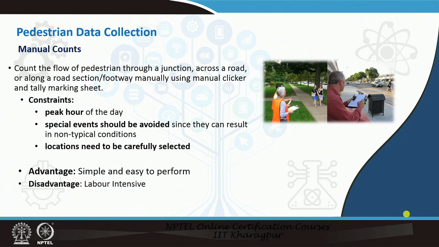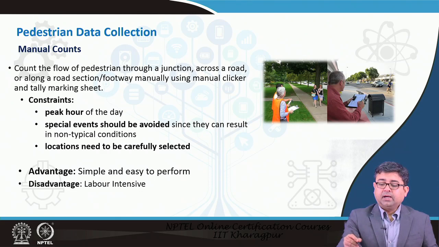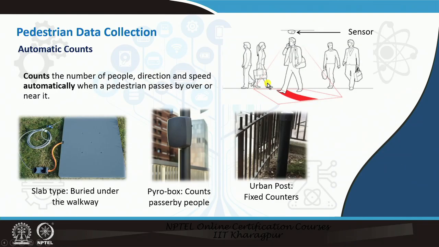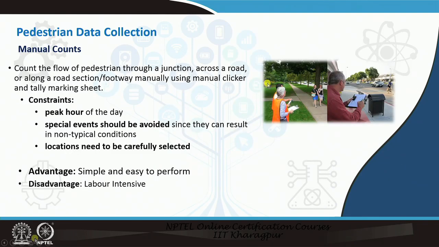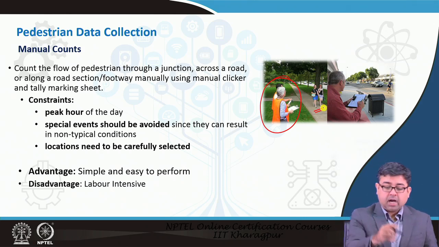If you want to collect data on a residential street, or a street along which there are not very many people that walk, then it is easier to have a few data collectors stand on the side of the road and just count how many pedestrians are walking. So, this is count data.